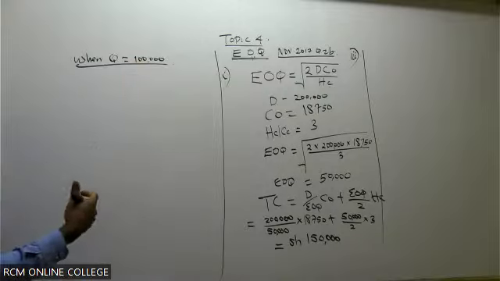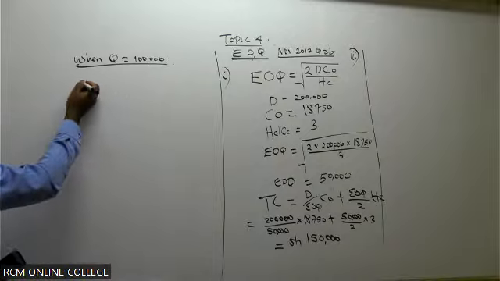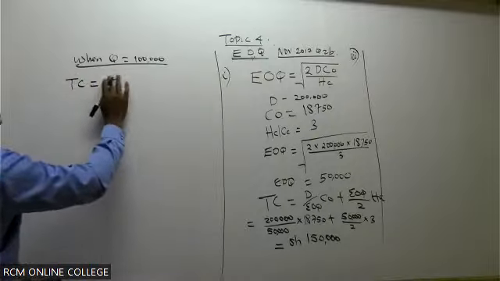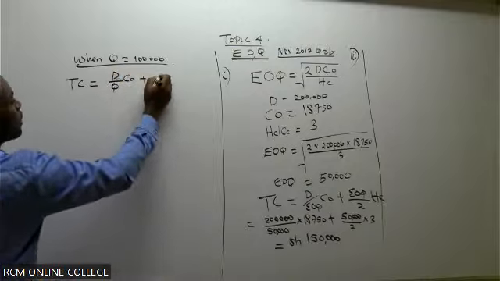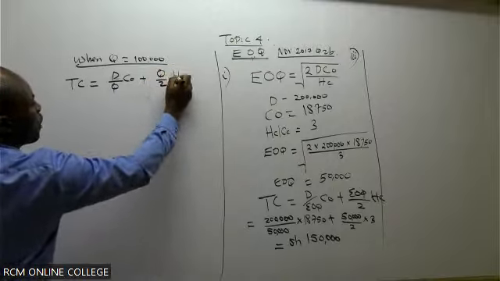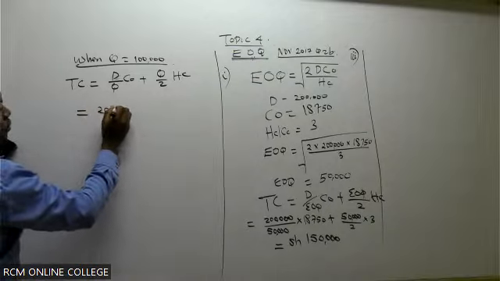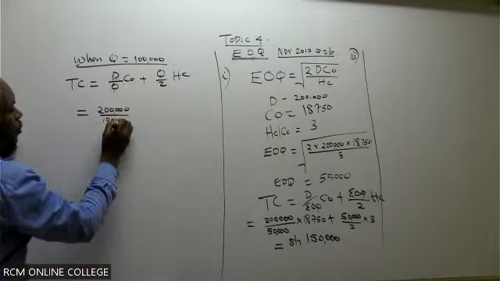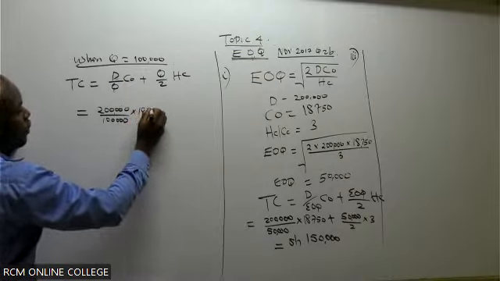What did we say under the assumptions? The demand is predetermined and known. It does not change during that particular period. So here I will say total cost is equal to demand over quantity multiplied by ordering cost, plus quantity divided by 2 multiplied by holding cost. I'll take demand, which is 200,000, divide by quantity, which is now 100,000, multiply by ordering cost, which is 18,750.